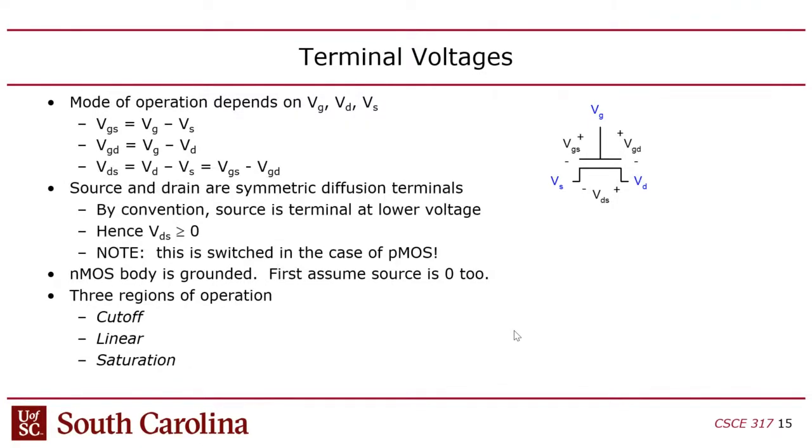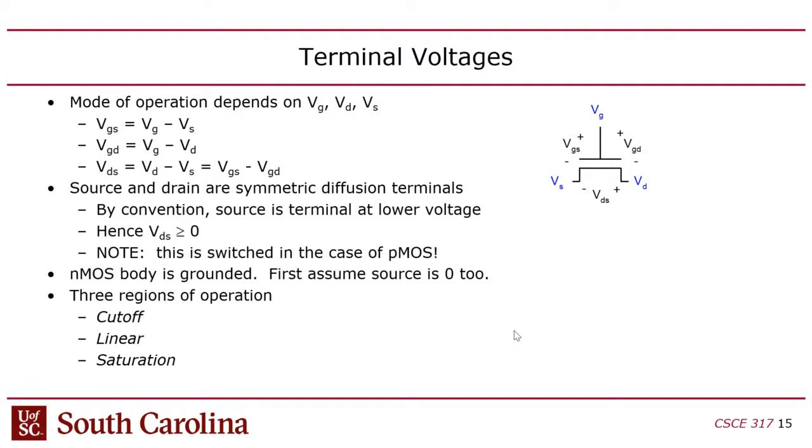There's cutoff mode, where the transistor's off. The voltage of the gate versus the body is less than the threshold. That's cutoff mode. And then once you turn the transistor on, you get the gate over the threshold, you go into a linear mode.